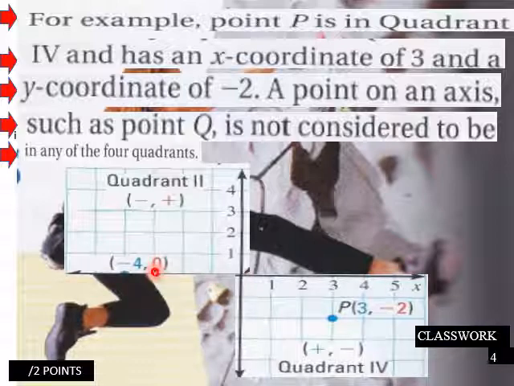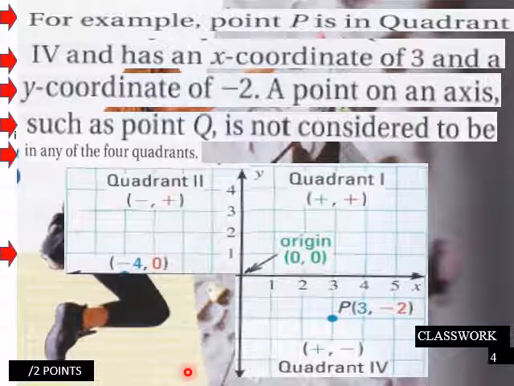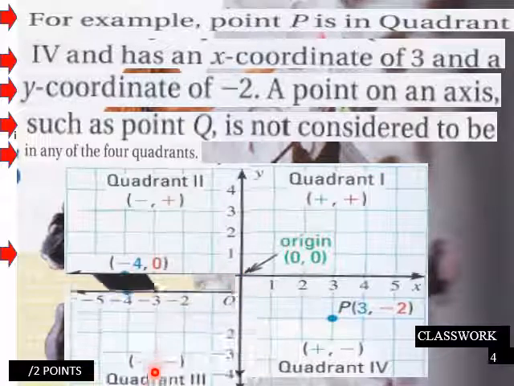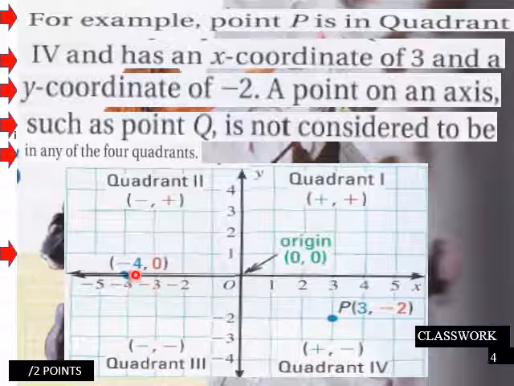Negative 4, 0. So if you have a point that's on one of the axes, it's not considered to be in a quadrant. The origin is not in a quadrant. So here's your point Q here. It's not in a quadrant.